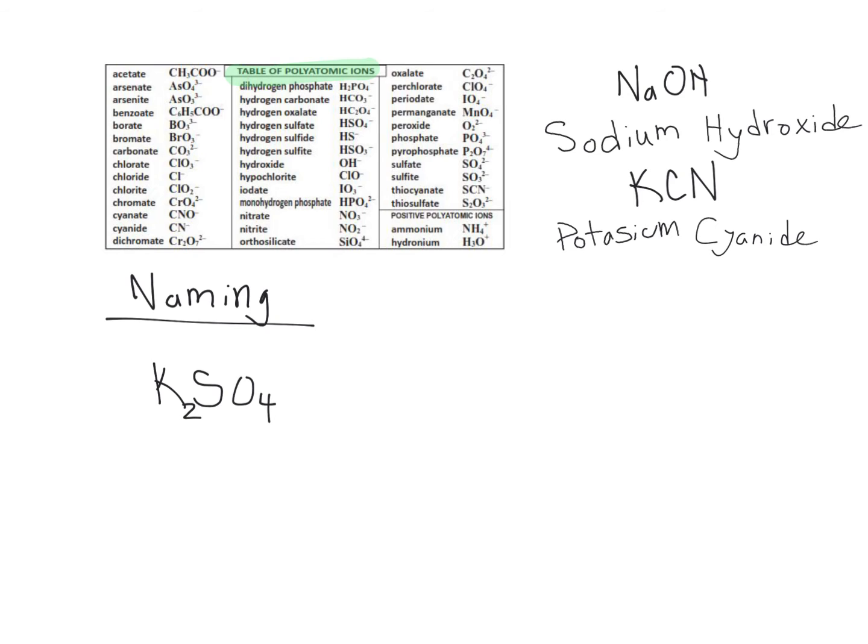So K is still potassium from earlier. And then I am going to be looking for my polyatomic ion in my table. Now I know that this can be found over here.